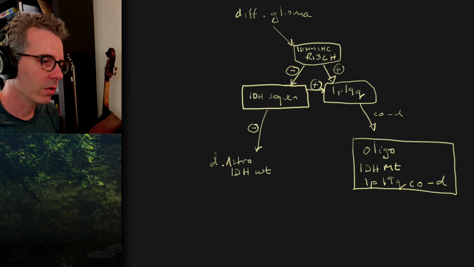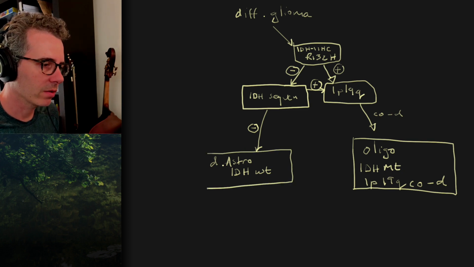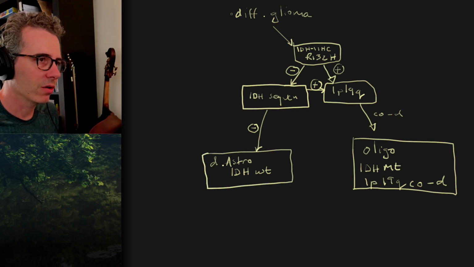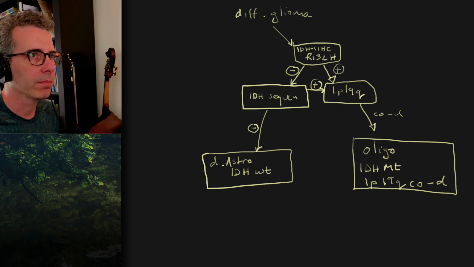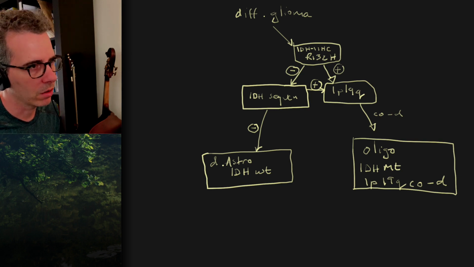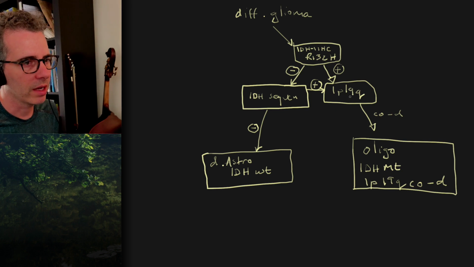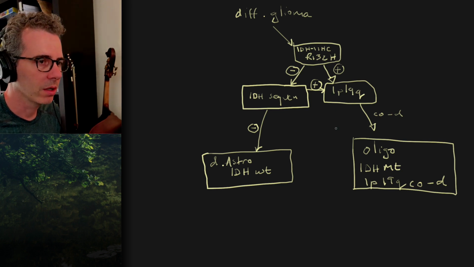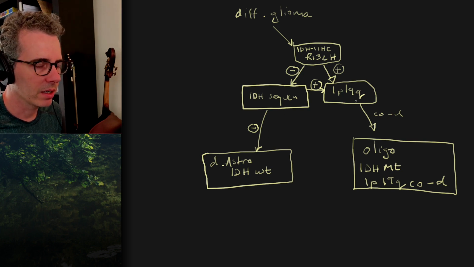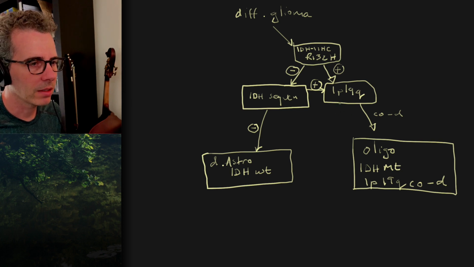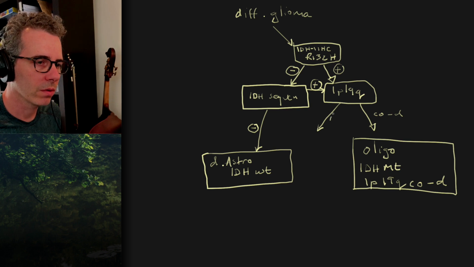And importantly, it'll be called a diffuse wild type astrocytoma, even if the histology is that of an oligodendroglioma. You can't be an oligodendroglioma if you don't have IDH mutation and 1p19q co-deletion. There are some tumors that seem to be truly wild type that have 1p19q co-deletion, but no one knows what to call them yet.